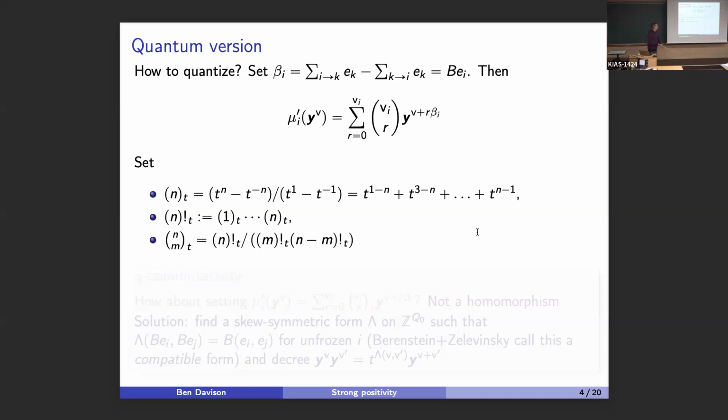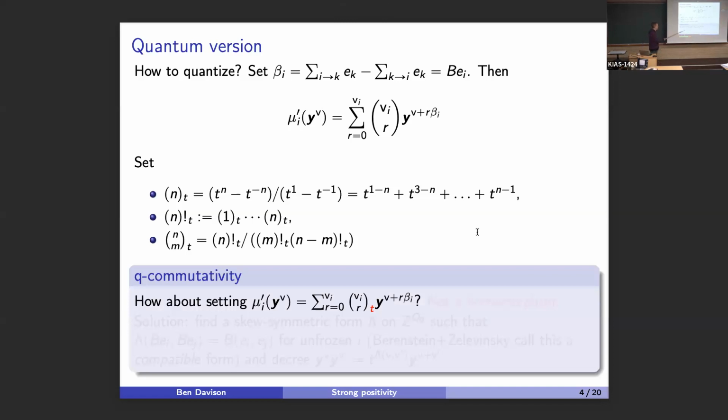Okay, so given that cluster mutation, at least when I do it once, is given by this very simple operation that just involves binomial coefficients, and here we have, I hope, what seems a fairly natural way to quantize binomial coefficients, you could hope, well, why don't we just replace my rule for cluster mutation with exactly the same rule, but I quantize these binomial coefficients.